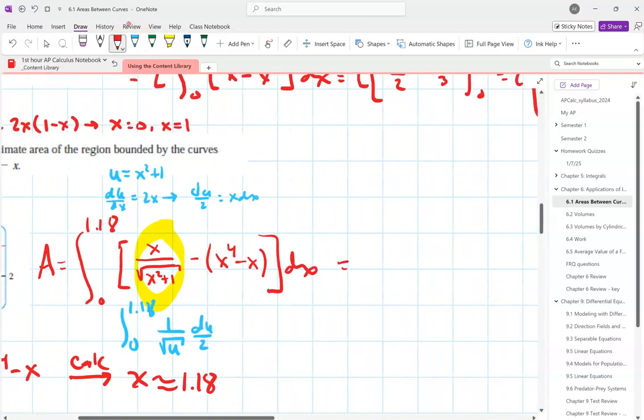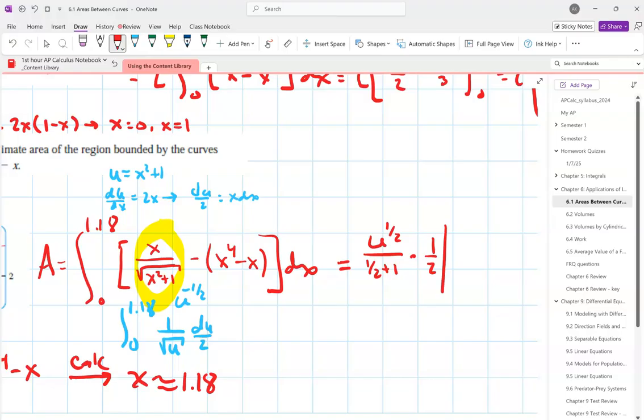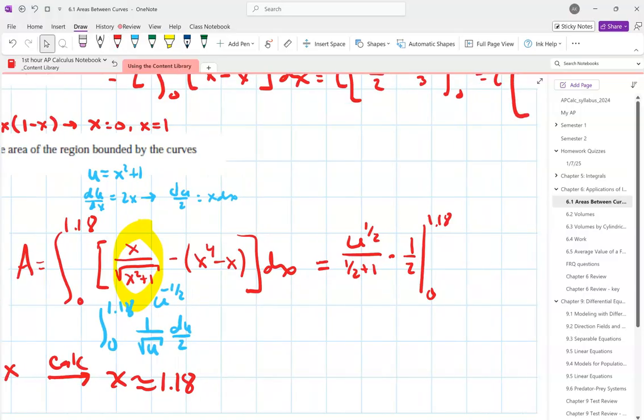Okay, so what's the antiderivative of 1 over the square root of u going to be? Remember, that's like negative 1/2. So it's u to the 1/2 over 1/2 plus 1. And then I have still that times the 1/2 there. And then we have to put the x's back.